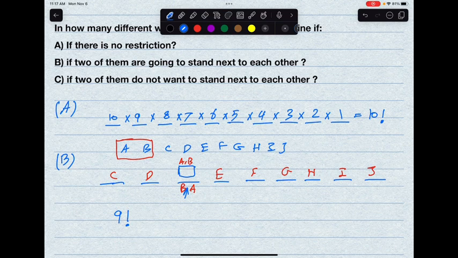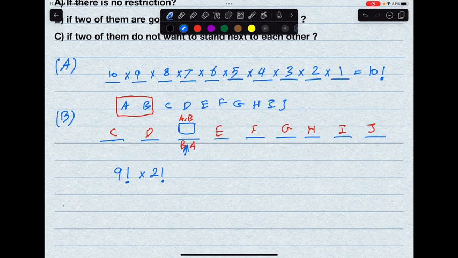And now we know that one of them is AB, which means there are two possibilities here, so it must be multiplied by 2 factorial. So that is all the possibilities for having these 10 people in a line where A and B are standing next to each other. So that's the answer for part B.